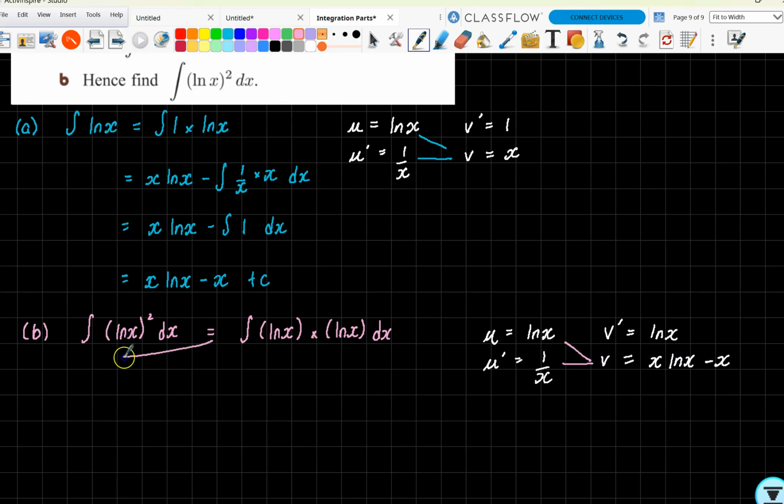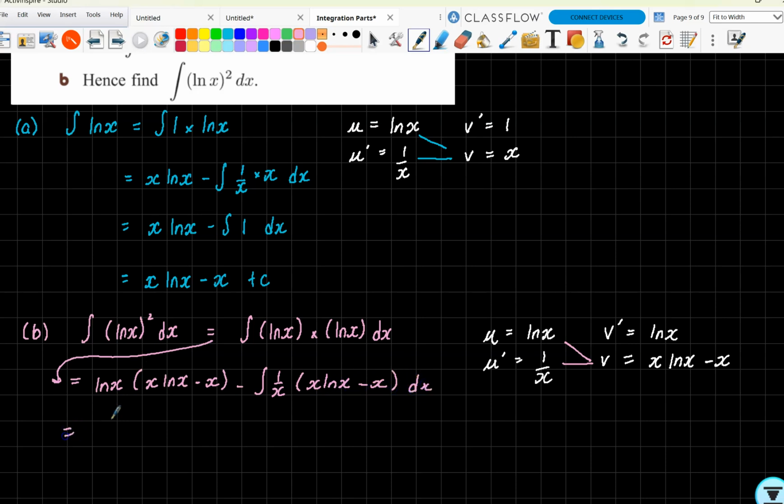So I'm going to have to just go down here because I'm going to need a little bit of room. So that's going to be ln x times (x ln x take x) minus the integral of 1 on x times (x ln x take x) dx.